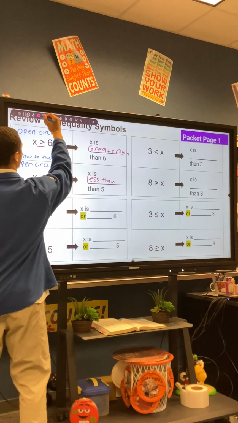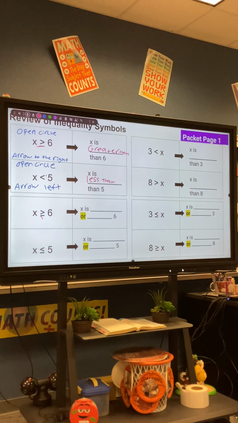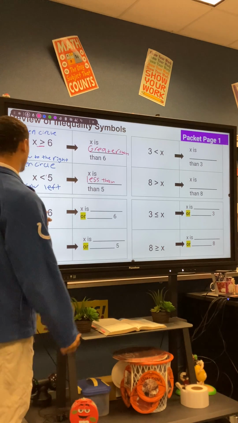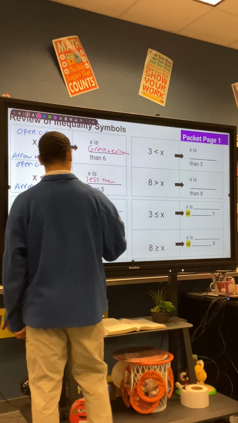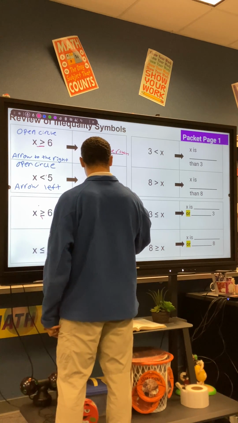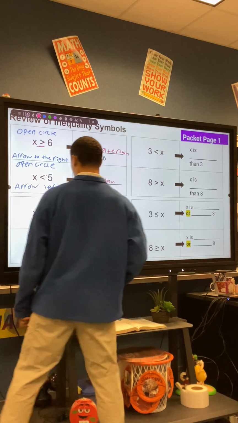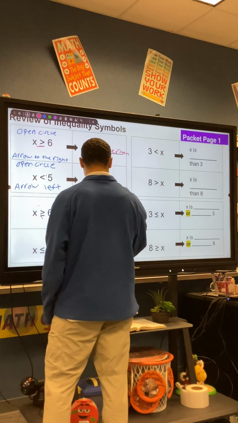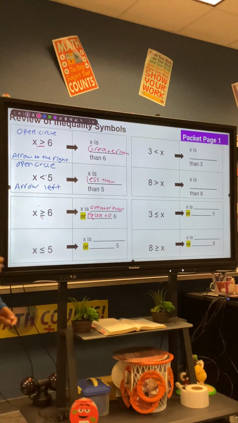For this one, you see this line right here? That changes my inequality to now or equal to. So since the mouth is facing x, that's going to tell me x is greater than, or again, since I have that little line, equal to 6.